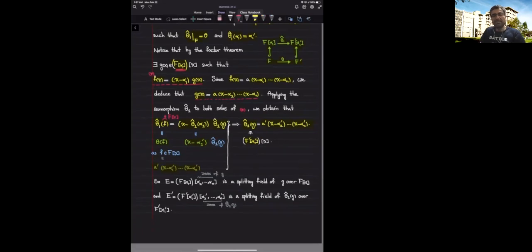So when we say splitting field, this means we have to start with this base field, a starting field, and then add all the zeros of this polynomial g. So again, I'm starting with this base field F(alpha 1), and then I'm adding all the zeros of g.